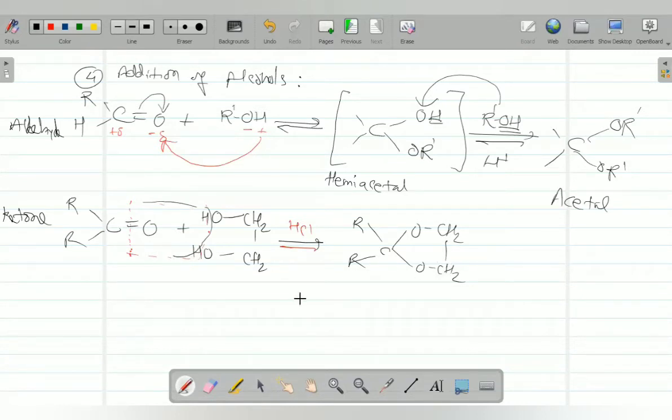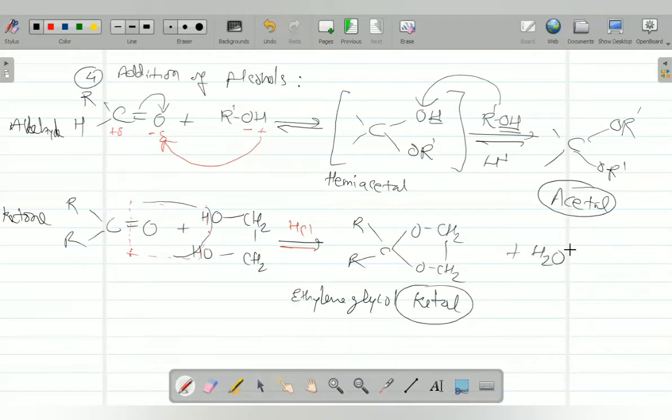This is called ketal. Ethylene glycol with aldehyde gives acetal and with ketone gives ketal plus H2O. Just a very simple example of nucleophilic addition reactions. So aldehyde and ketone give the respective acetal or ketal, and it's a very important reaction.